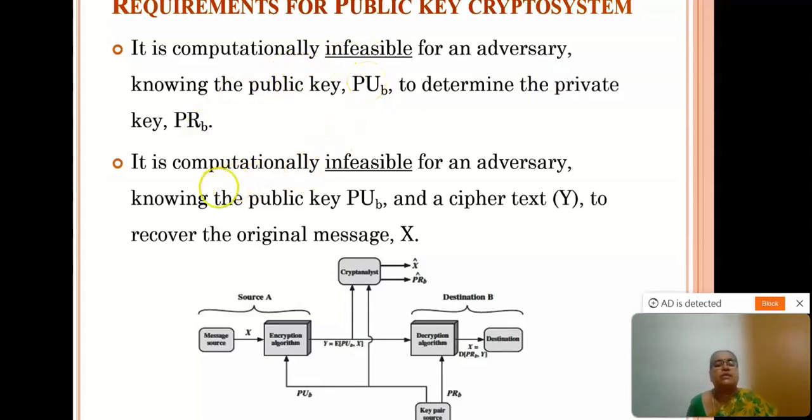The second part is that it must be computationally infeasible for a hacker knowing PUB and the ciphertext Y to recover the original message X, because while the message is in transfer, the hacker may get the value Y, and he already knows the public key. Even though he knows the ciphertext Y and the public key PUB, it must be infeasible for a hacker to derive the original message X, because it can be derived from the ciphertext only by using the private key PRB.